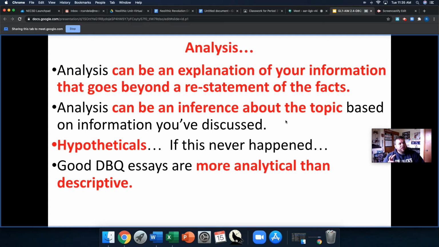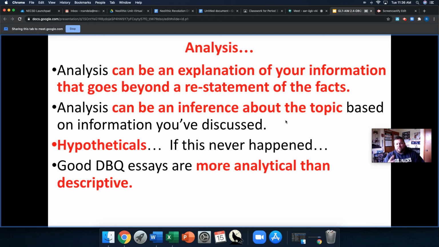So while the document evidence and the outside information certainly does need to be present there, a good DBQ is more analytical than descriptive. So there's more analysis in it than really just describing things and rattling off a list of related things. So we will talk more in the future about what analysis is, how it works, and how to incorporate it.